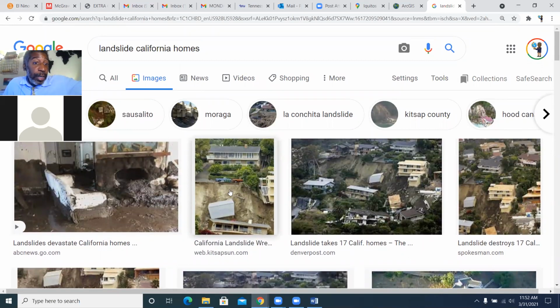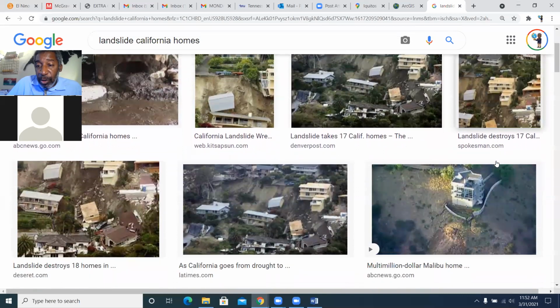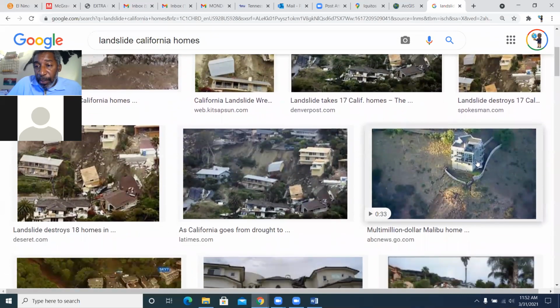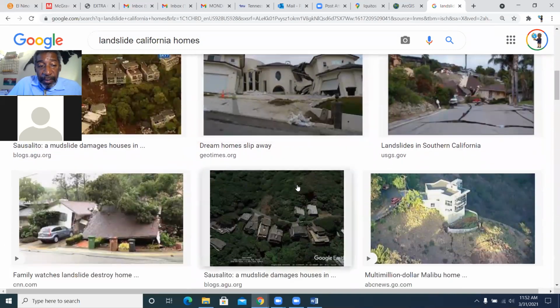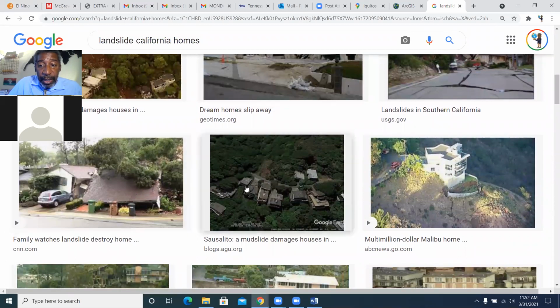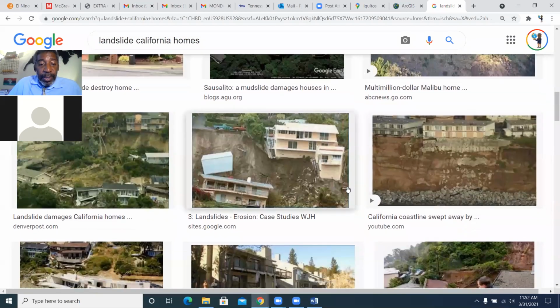Unfortunately, when there's increased tidal action along the West Coast, you see what happens. People's homes wind up sliding off into the ocean. And in some cases, people have been actually killed by these slides.